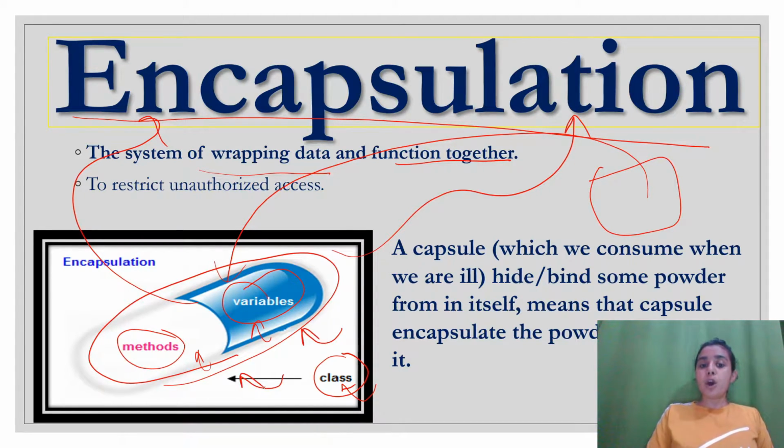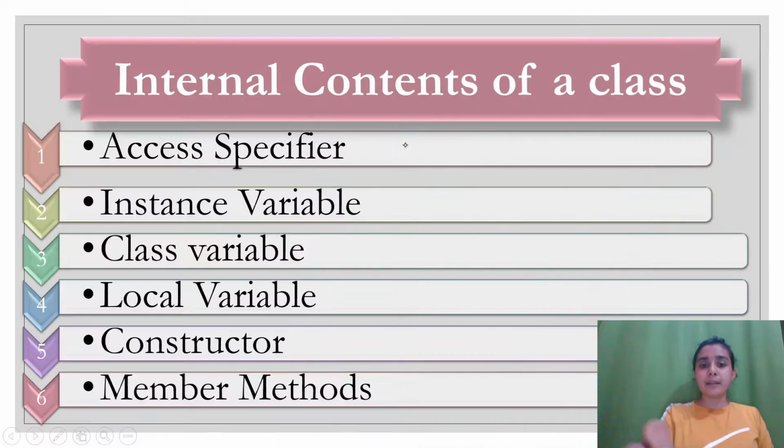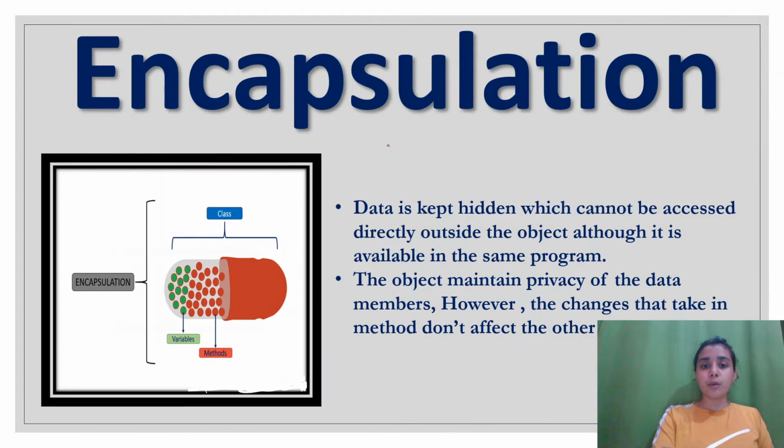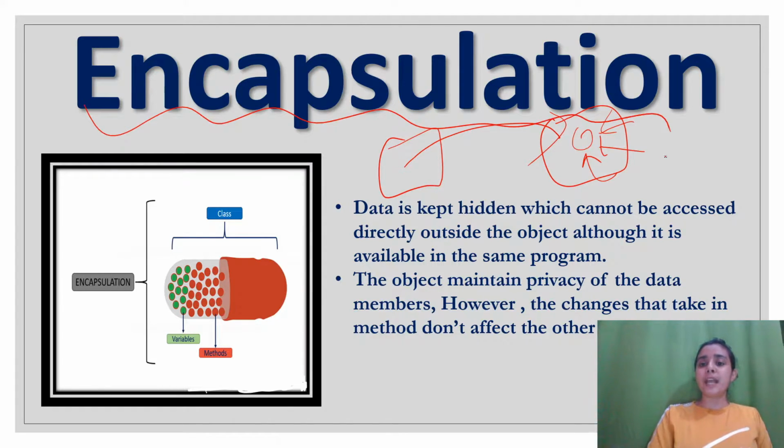For example, let's take two classes. You don't want the important data of this class to be accessed by another class. You don't want that. So this thing is achieved with the help of encapsulation.